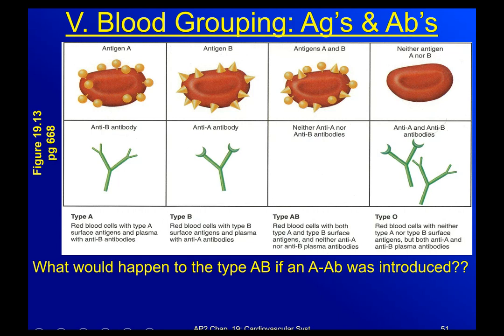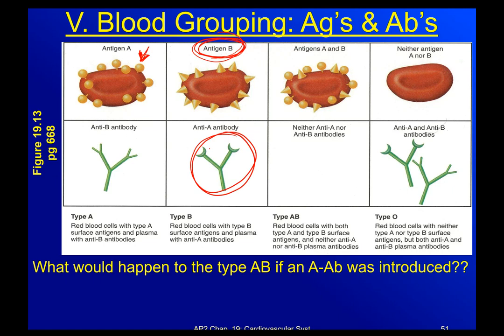So if this is the A antigen, it would make anti-B antibodies. Notice that the shape of this crab claw is different than what we have here. Here's B. See how that would fit that? Okay. So if I have the B antigen on my cell surface, I would create the anti-A antibody.